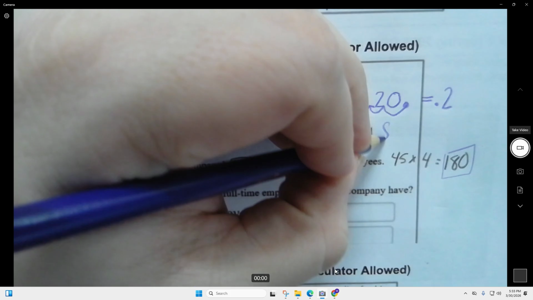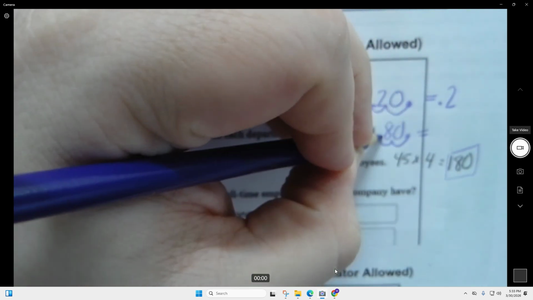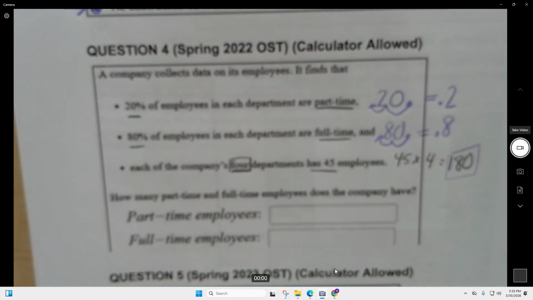80%, you grab your decimal, 1, 2. 80% becomes 0.8. So to find 20% of 180, you need to do 180 times 0.2.